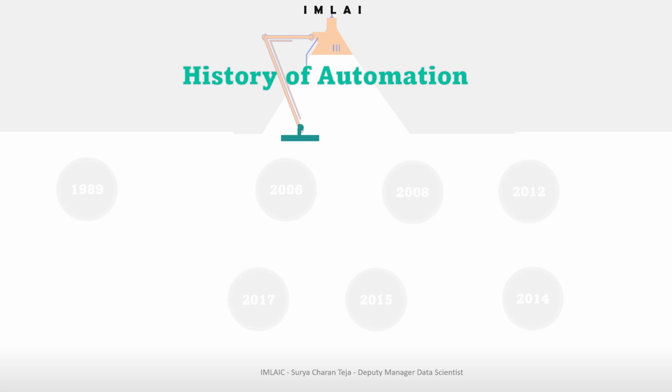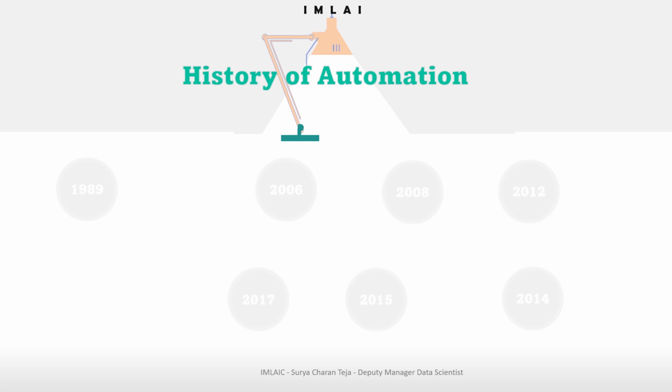So here the history of automation in the perspective of the tool popularity, not the tool in which year it's been released. So in which year the tool has taken storm in the market, in which year the tool has taken the maximum market share in the market. That's what I call it as a popularity.